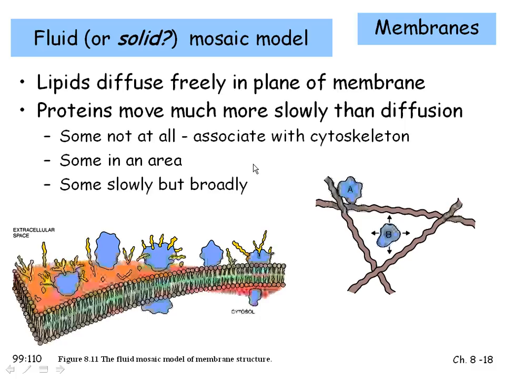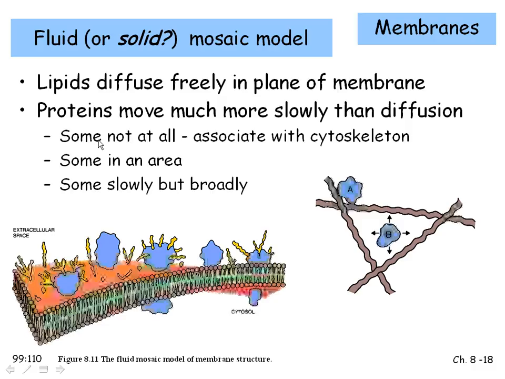So what do we see if we look more specifically at individual proteins or individual classes of proteins in actual cells that are alive? There are some proteins that do not detectably move. If you can label them by one means or another, they're here when you start the experiment, they're here in 10 minutes, they're here in 2 hours.